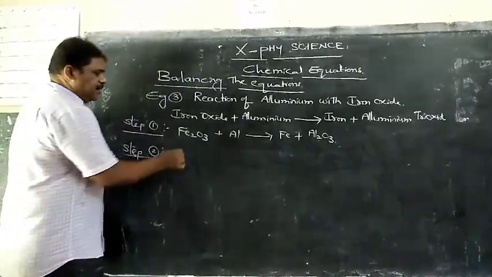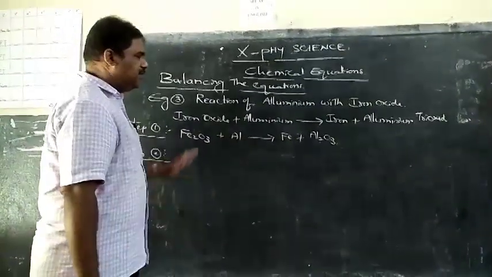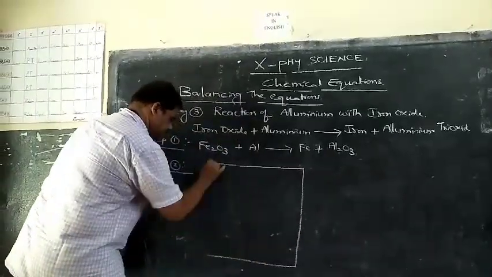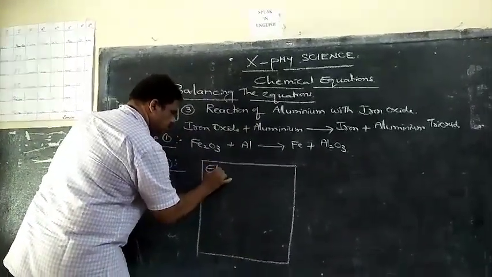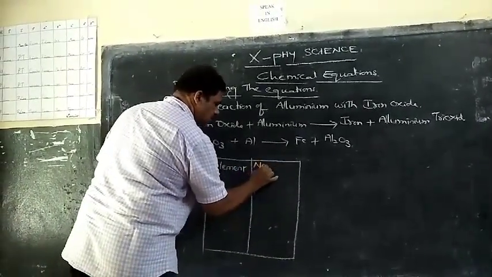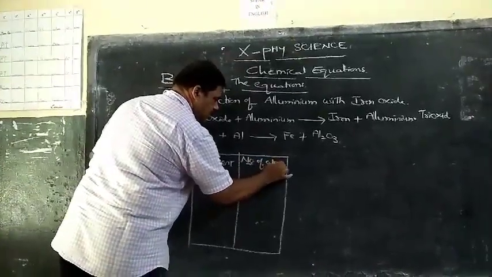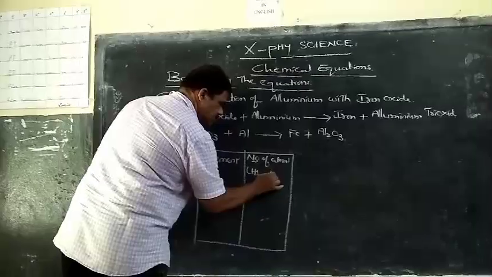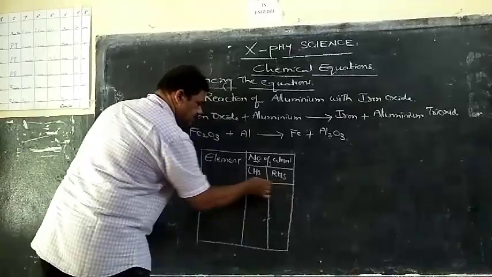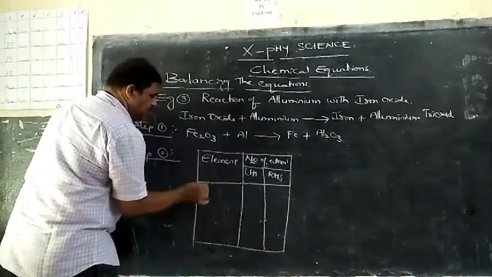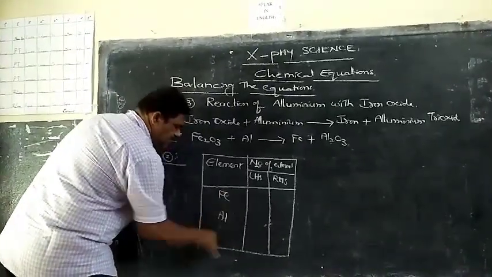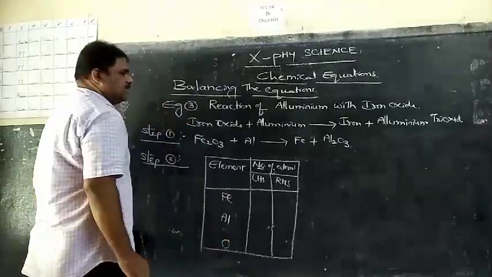Now in the second step, we should check the number of atoms of an element on the left side and right side. The elements present in this chemical change are iron, aluminium, and oxygen. 3 types of elements are there.